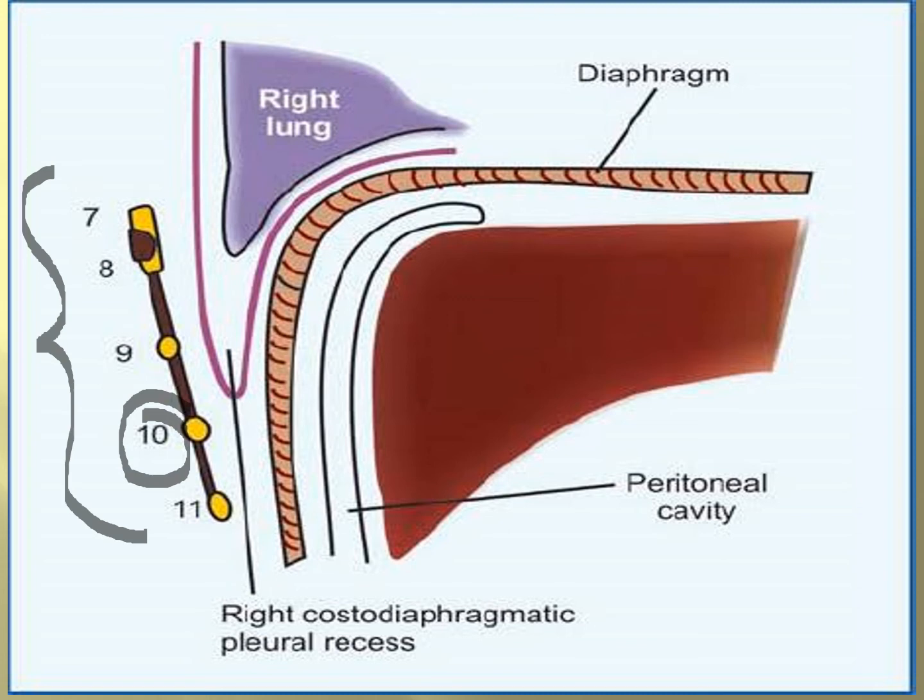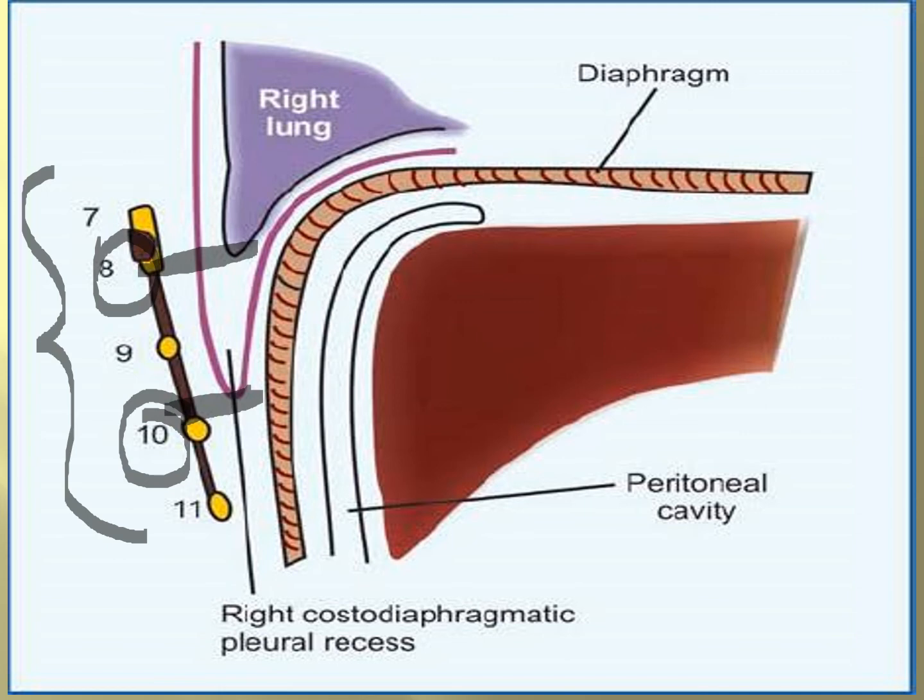The lungs are separated from the diaphragm up to the 8th rib.